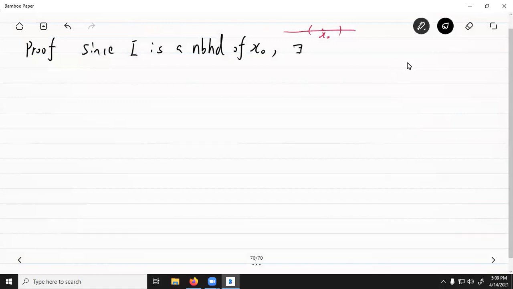Then there exists some epsilon greater than 0 such that the interval from x0 minus epsilon to x0 plus epsilon, with x0 as the center, must be inside I. We can find this.